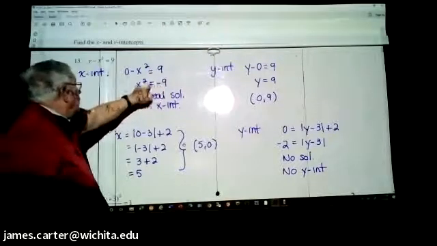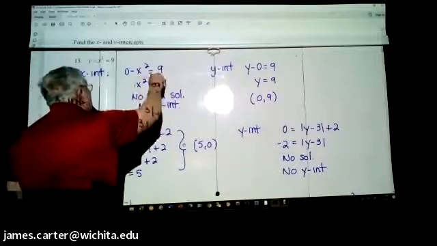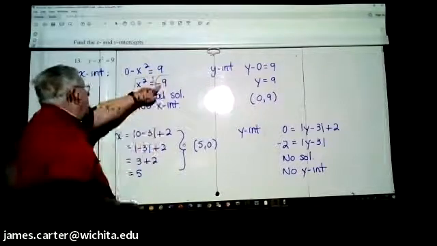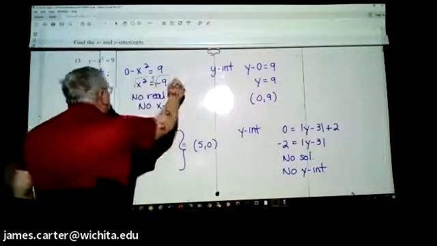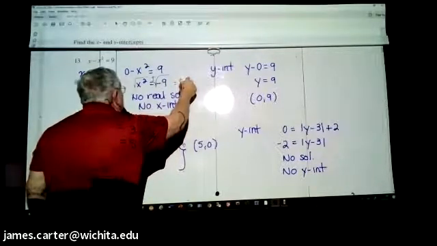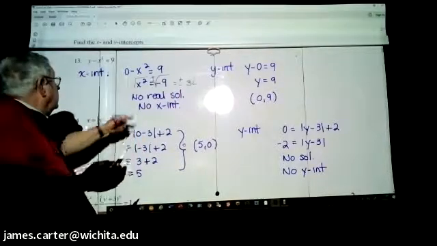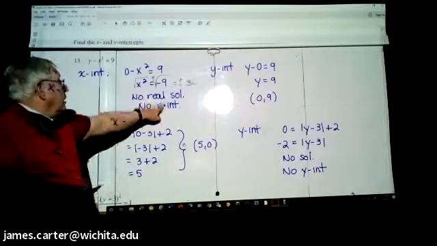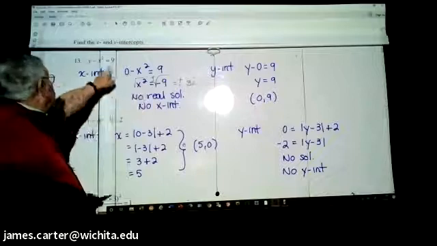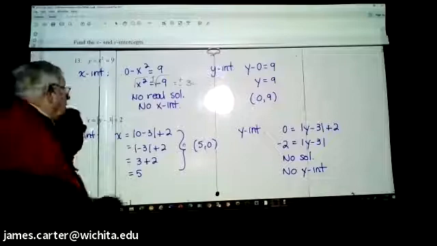If we take the square root of both sides, plus or minus, we get an imaginary number, and we can't graph that. So there is no real x-intercept in this case.